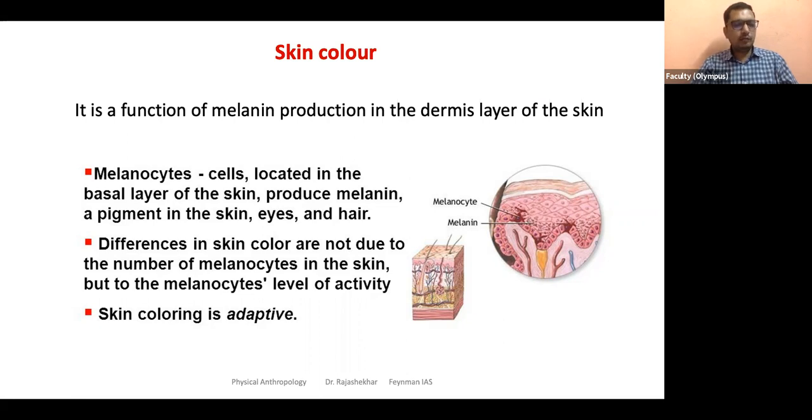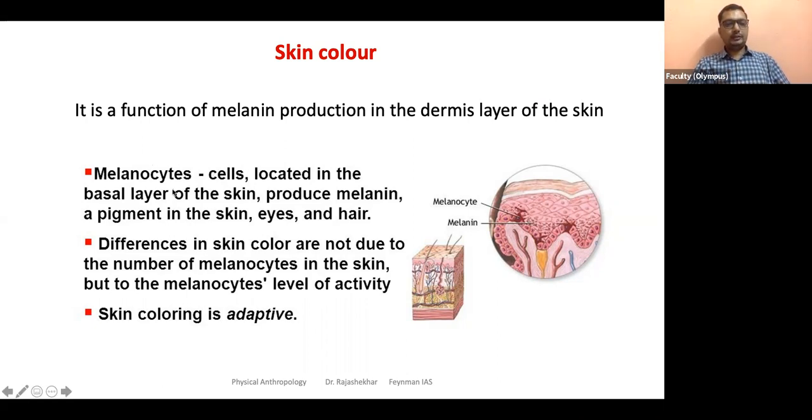But biologically, what is happening here? Biologically, what do we notice here? The skin color is because of melanin pigmentation. I think we kind of talked about it, right? It is because of melanin pigmentation. Melanin is a pigment that is produced by our skin cells, especially cells called melanocytes.